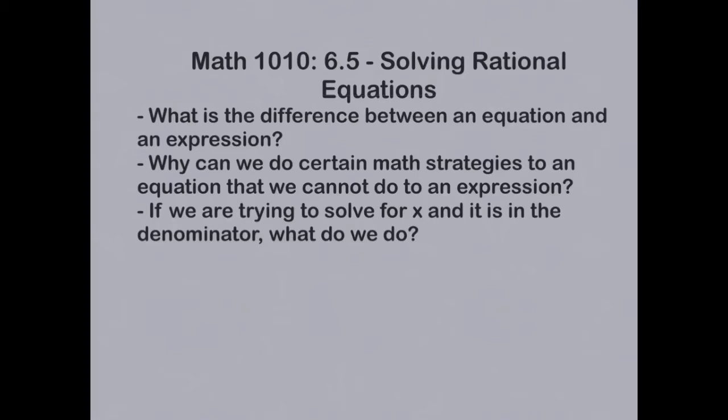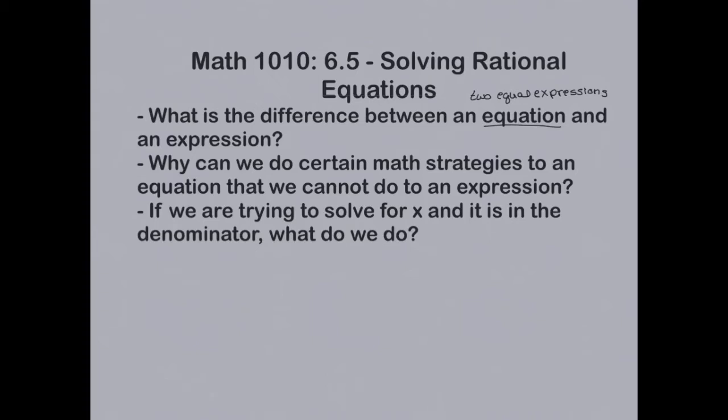So solving rational equations, basically, you want to know what is the difference between an equation and an expression. An equation is two equal expressions. So we have some kind of mathematical expression on both sides of an equal sign.